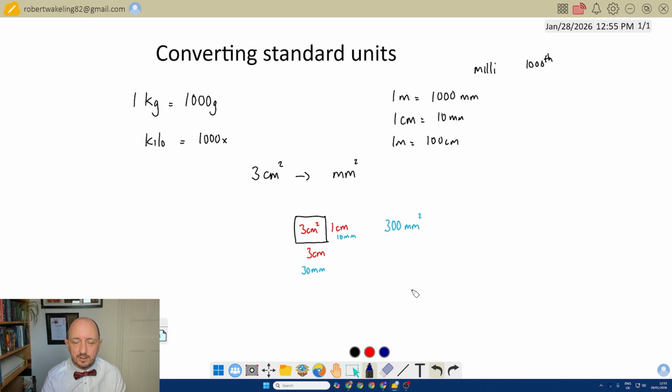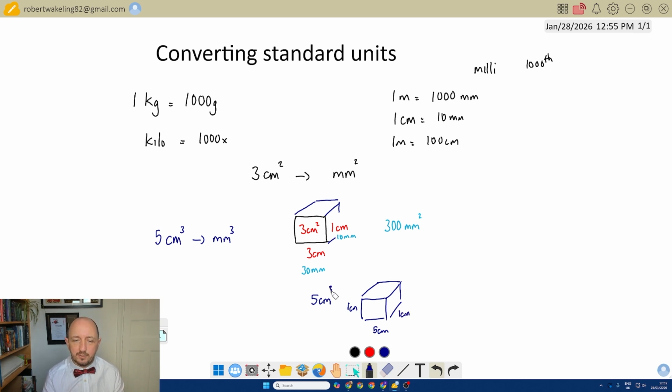Now, if I do this into cubes, so let's say it's 5 centimeters cubed into millimeters cubed, then I could choose something like 5 centimeters. Let's draw another box here. So 5 centimeters times 1 centimeter times 1 centimeter depth.